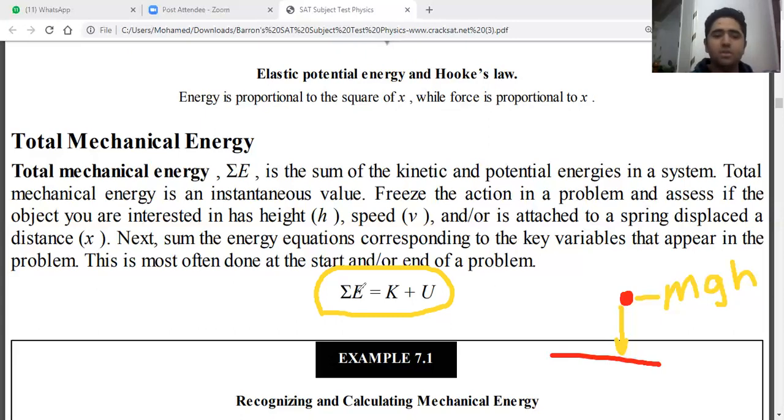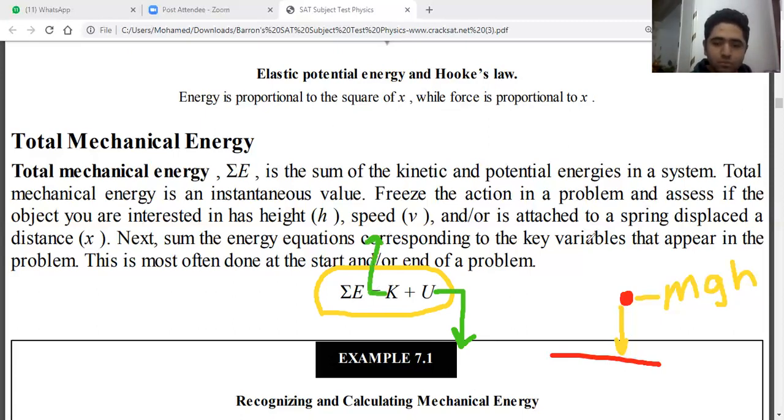It cannot disappear. And so, as I was dropping the ball, the potential energy got less and less, and because the total mechanical energy has to be constant, we have kinetic energy compensating, and the kinetic energy is increasing more and more.